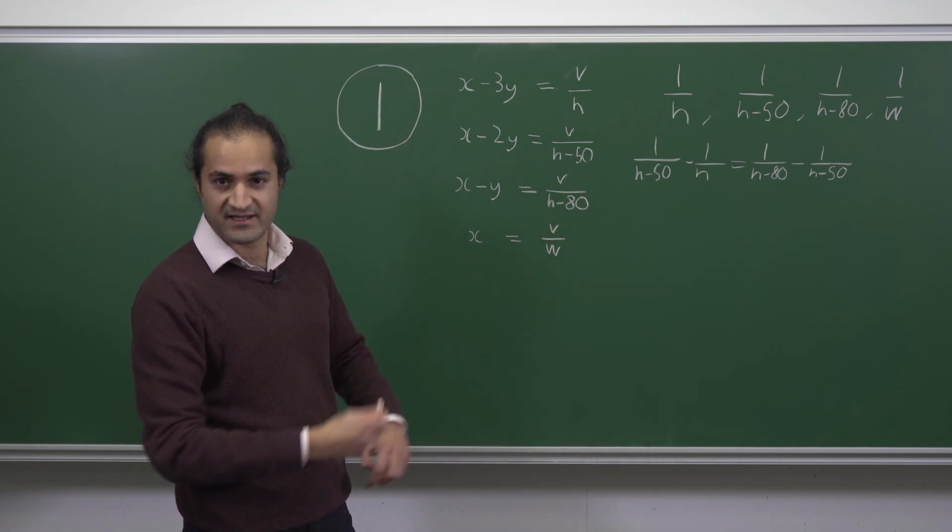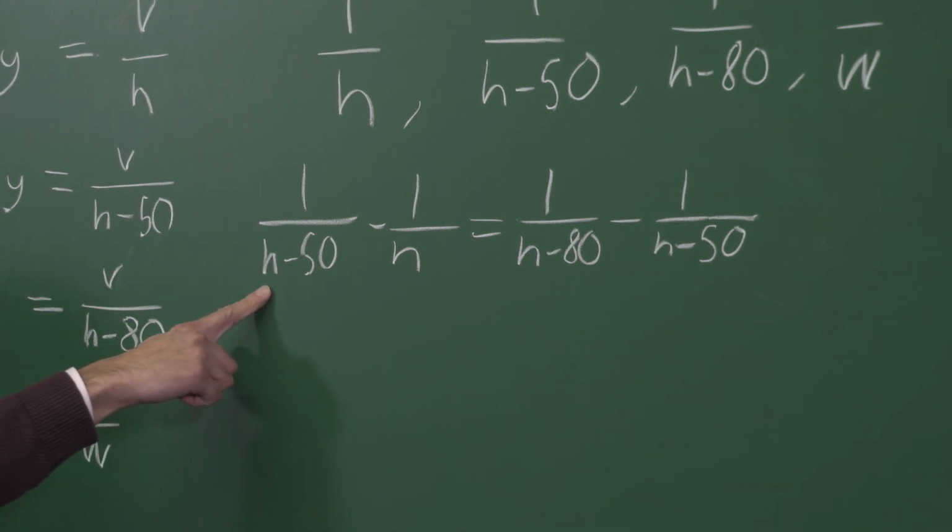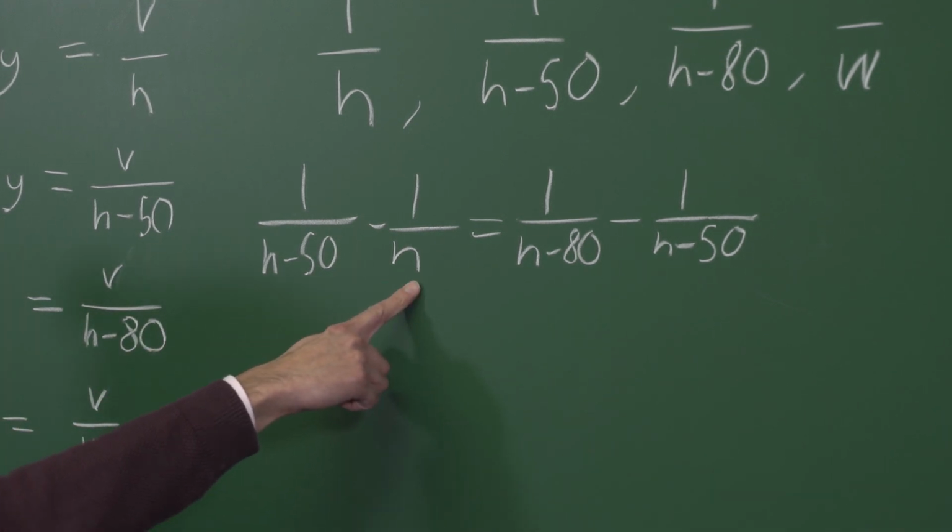Now I can rewrite this slightly to help me. I can add this term to both sides to bring it to this side, and I can add this term to both sides.